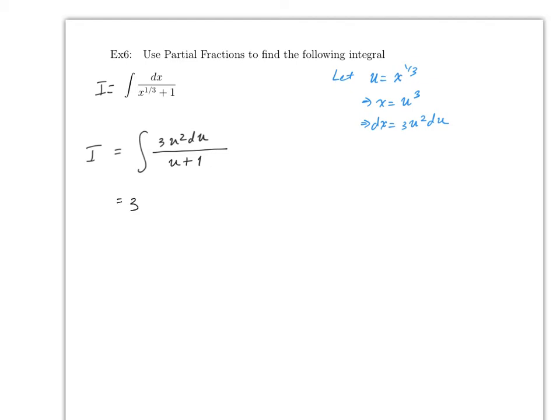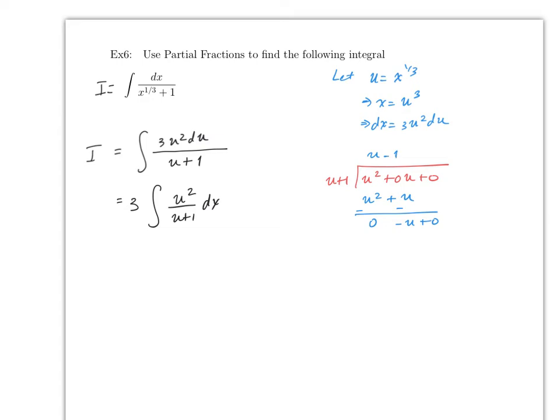So first, just take the 3 out before we do the long division. And this is what we're trying to integrate. So you do the long division, this will be u squared plus 0u plus 0. And we're dividing this by u plus 1. So you need a u, so this will give you u squared plus u. Change the sign, so it will give you 0 minus u plus 0. And then you can do this one more time. So you do minus 1.